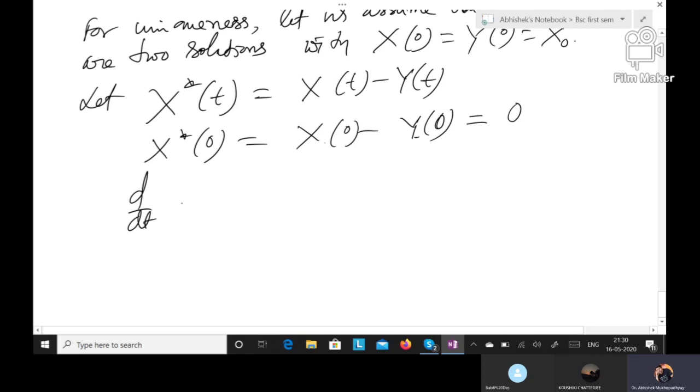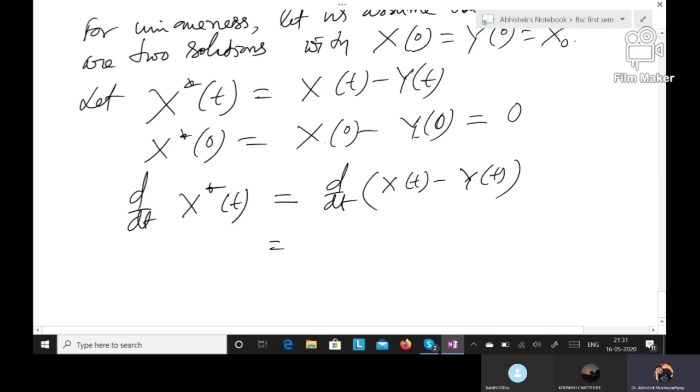And d/dt of X star is d/dt of X(t) minus Y(t), that is d/dt of X(t) minus d/dt of Y(t).